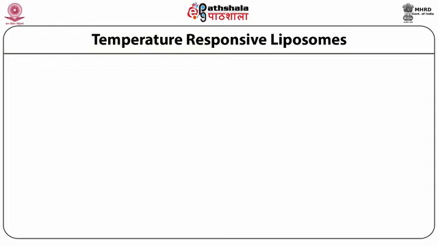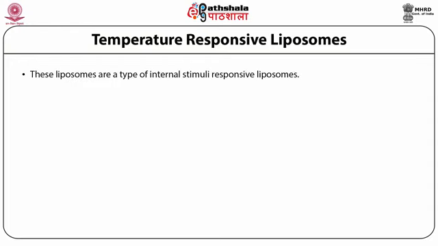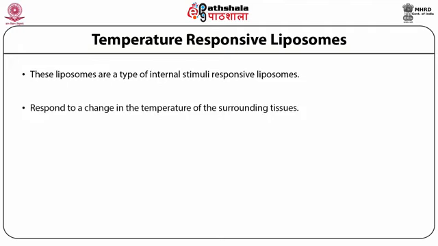Temperature responsive liposomes. Temperature responsive liposomes are another type of modified liposomes which respond to a change in temperature of the surrounding tissues, usually a comparatively higher temperature. These liposomes are a type of internal stimuli responsive liposomes.